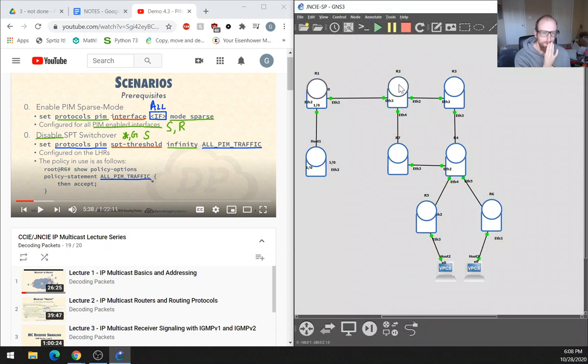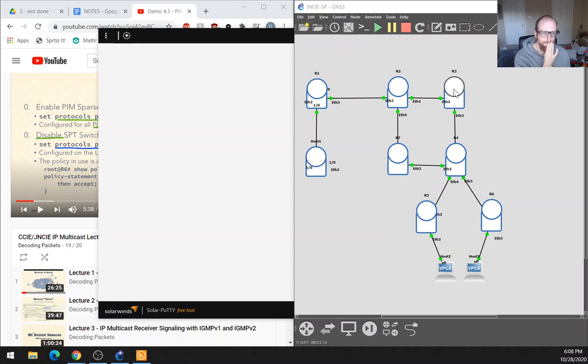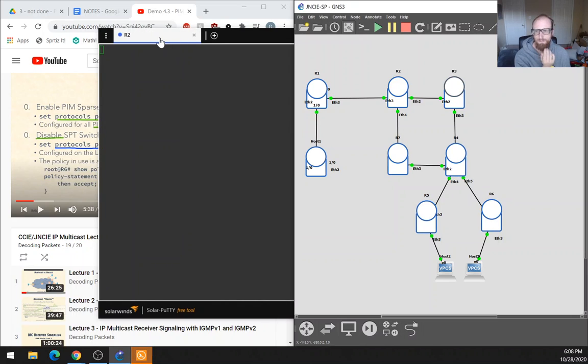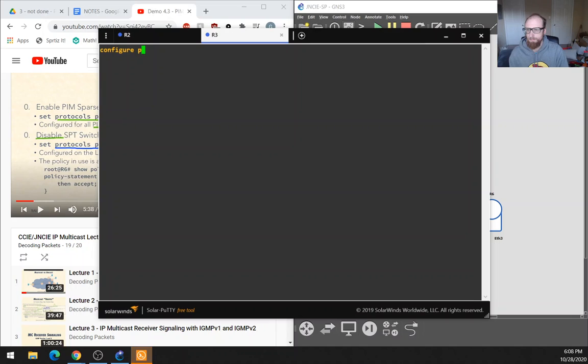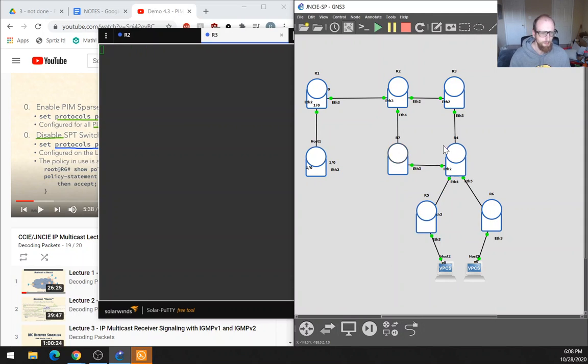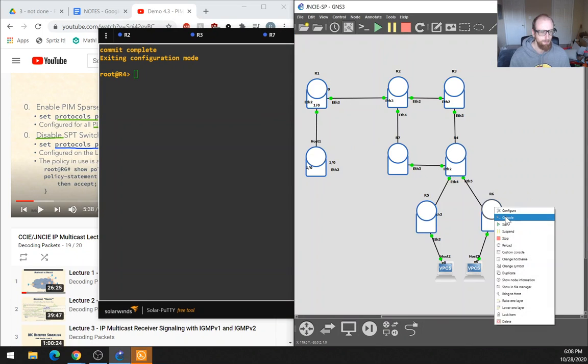So one by one, let's do it. I think I'm just going to open them all up and then paste, because it looks like sometimes I accidentally clear out my clipboard. I don't want that to happen.